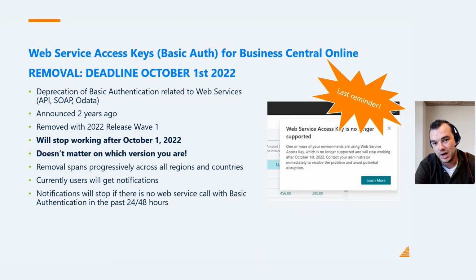And as you might already know, currently the users in tenants where Web Service Access Key is still in use will get notifications, and those notifications will go away when there is no succeeded web service call in the past 24 or 48 hours.